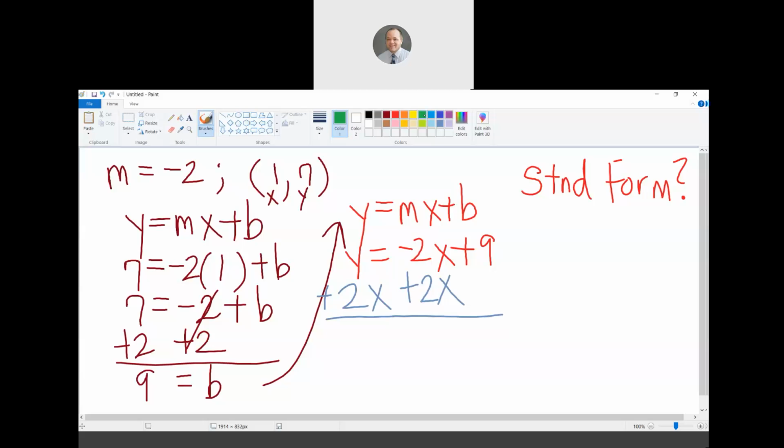So our final answer in standard form is 2x plus y equal to 9. So pay attention, read the directions carefully because they will tell you what type of equation they're looking for.